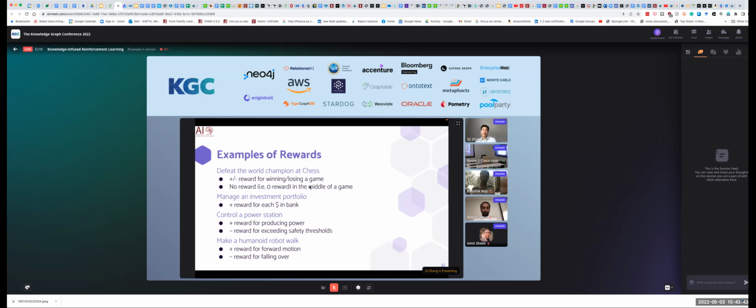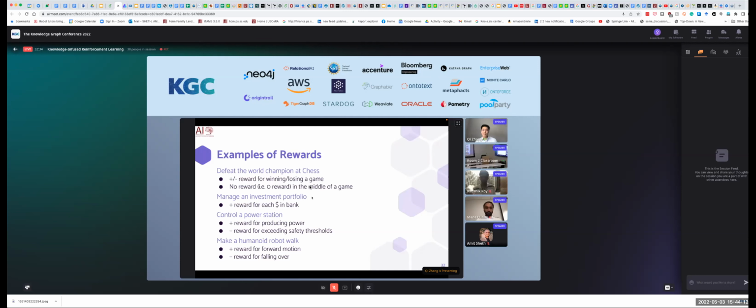The agent will get a plus reward if it wins the game at the end, or a minus reward if it loses the game at the end. There will be no reward, or zero reward, in the middle of the game. If you define the reward this way, then the objective of winning the game, or maximizing the probability of winning the game, is equivalent to maximizing this reward signal.